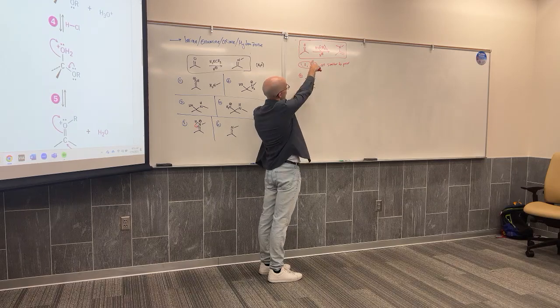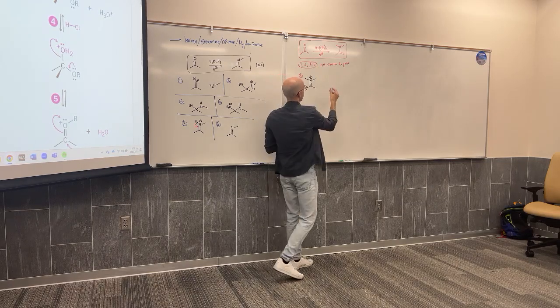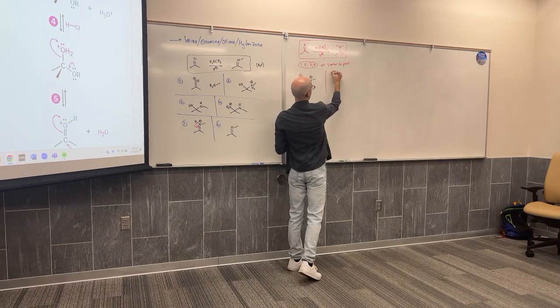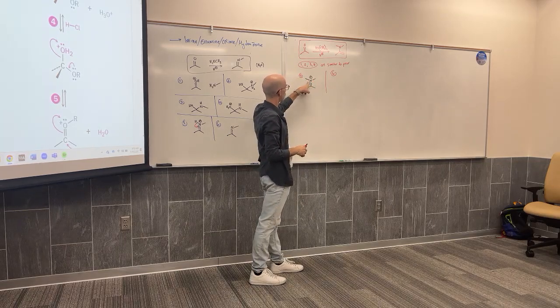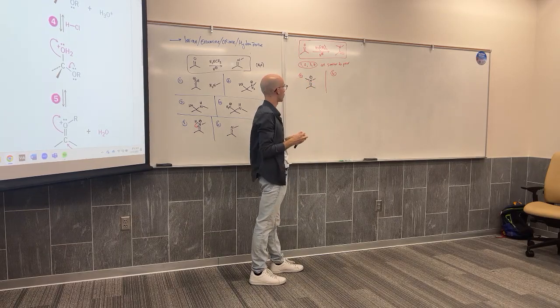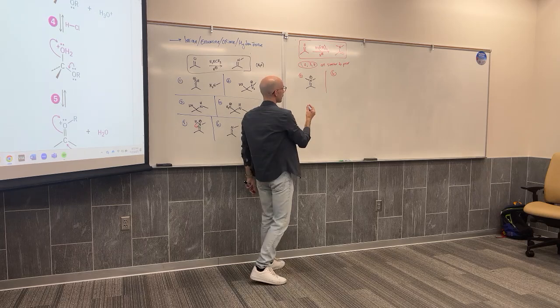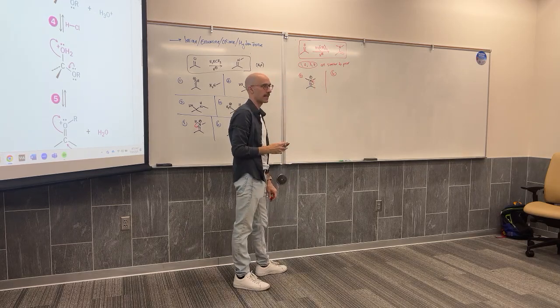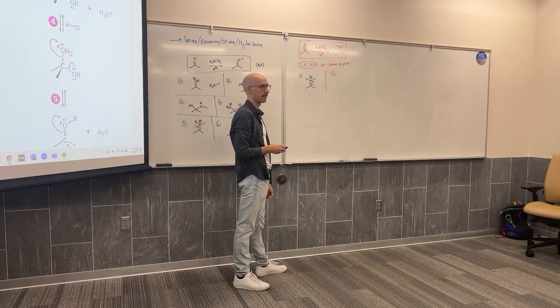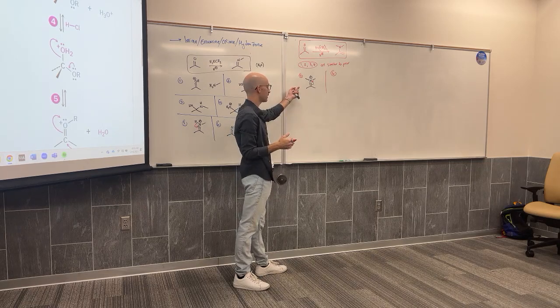In this secondary amine, there is no hydrogen to give electrons back to nitrogen. So nitrogen needs to get electrons back, and it can only do that by taking from the pi bond. I think you guys would agree that that's not a deprotonation step.